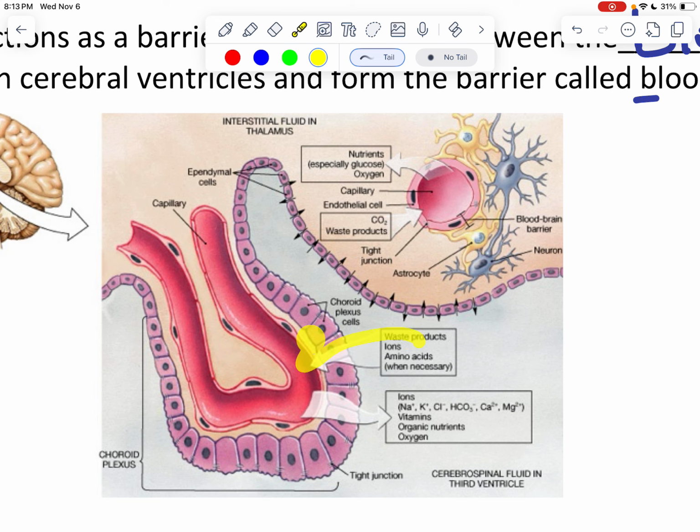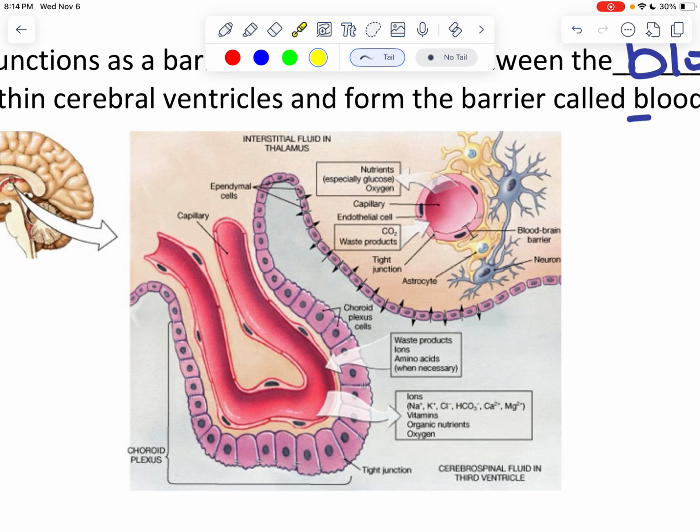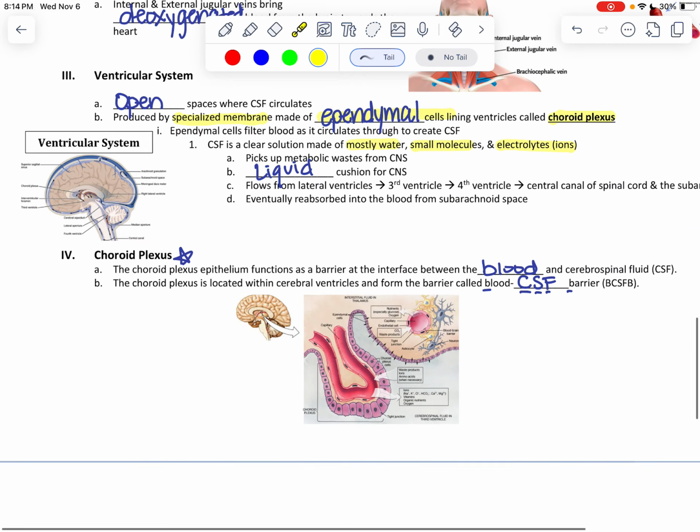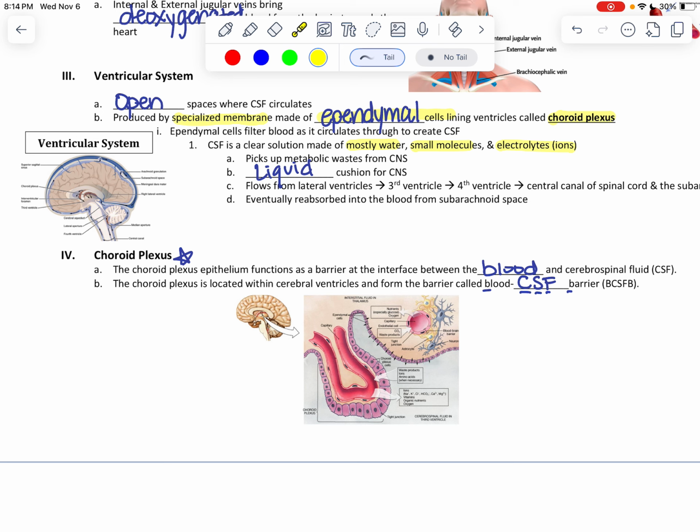And then we have waste ions, amino acids, etc., going into the blood capillaries. And you see this blood-brain barrier here with the neuron and the astrocyte, which are glial cells. There's a lot going on in this picture, but basically, the choroid plexus is key for that exchange and the interface between your blood vessels and the cerebrospinal fluid.